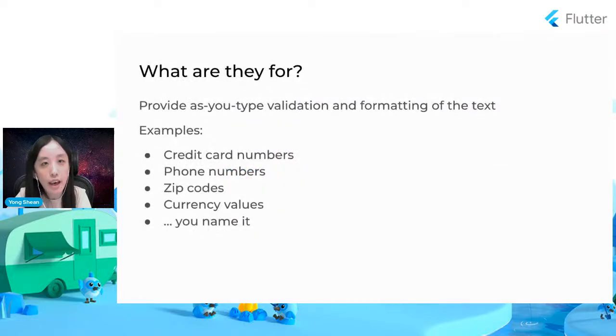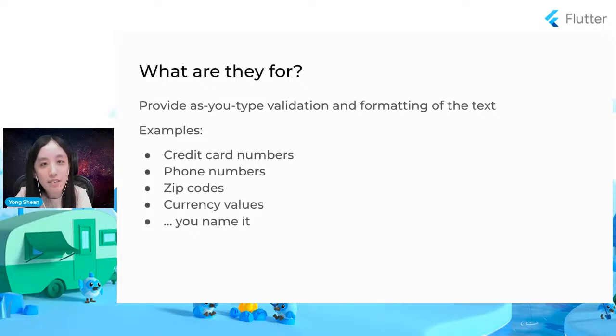So this is what I've mentioned just now. It provides as-you-type validation and formatting of the text that is being edited. And there are many examples of such applications, like credit card numbers, phone numbers, zip codes, currency values, and there are a lot more.